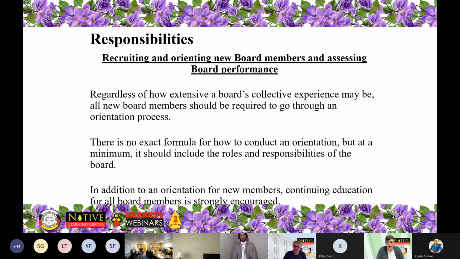It's our responsibility. Here's the phrase I was looking for. It behooves us to set in motion or to put in place a proper onboarding process.